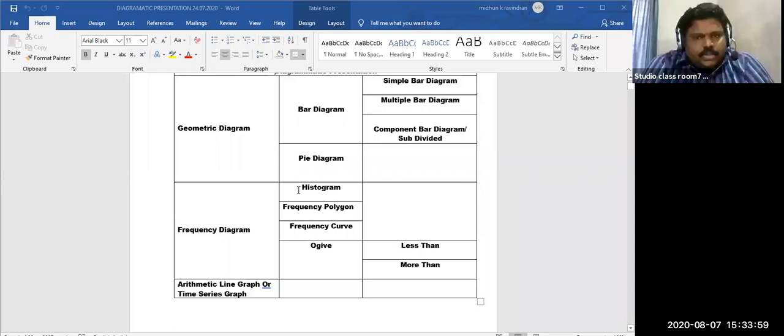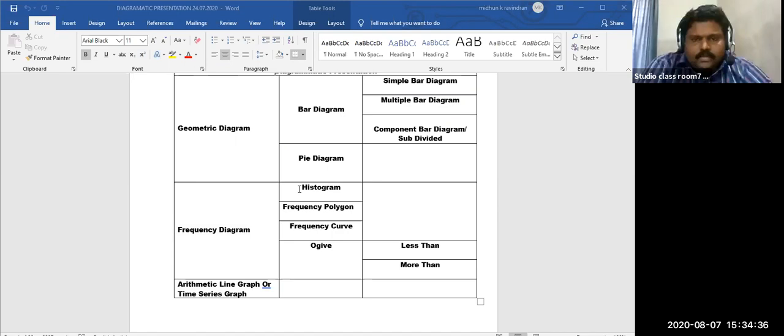First of all, histograms, frequency polygon, frequency curve, ogive. Ogive is of two types: one is less than ogive, the other is more than ogive.